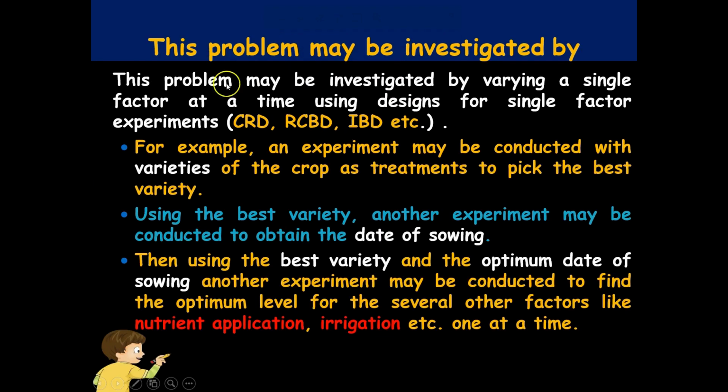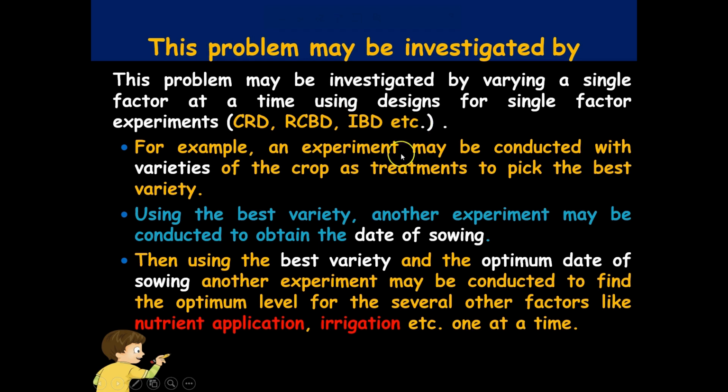This problem may be investigated by varying a single factor at a time using the conventional single factor experiments or complete block designs like completely randomized design, which is also known as zero-way elimination of heterogeneity, RCBD, one-way elimination of heterogeneity, or whenever we are interested to evaluate a large number of treatments, incomplete block designs or many other designs.